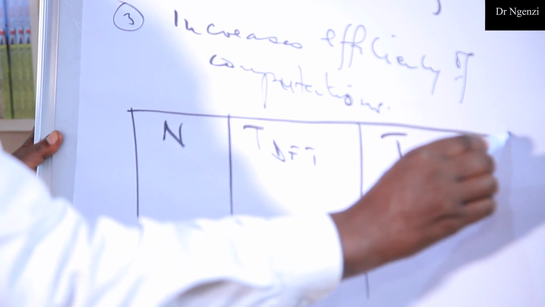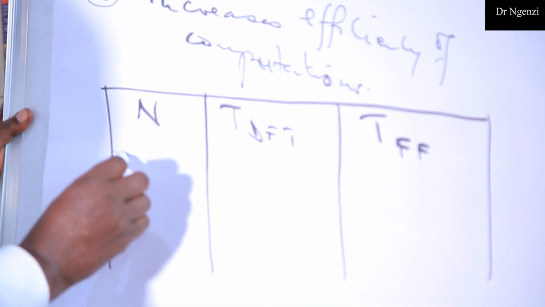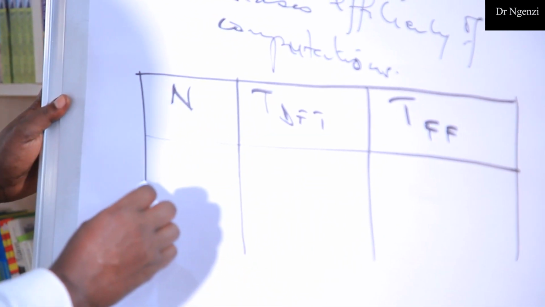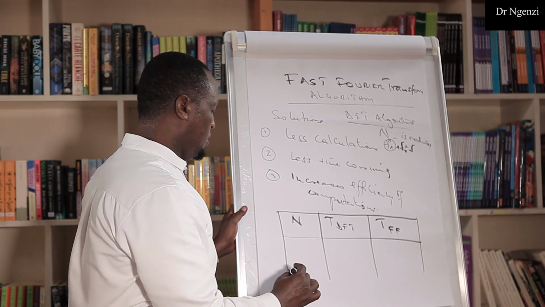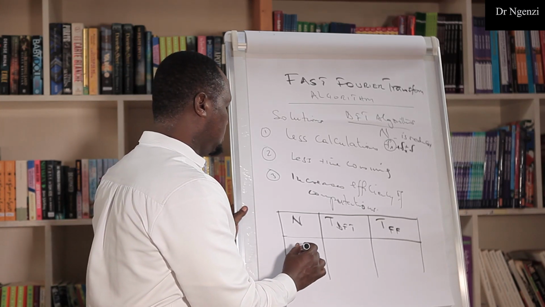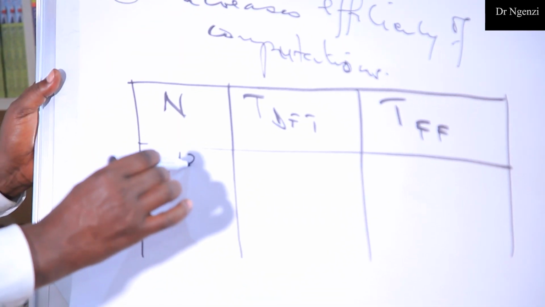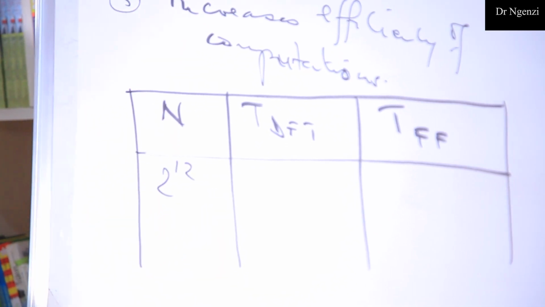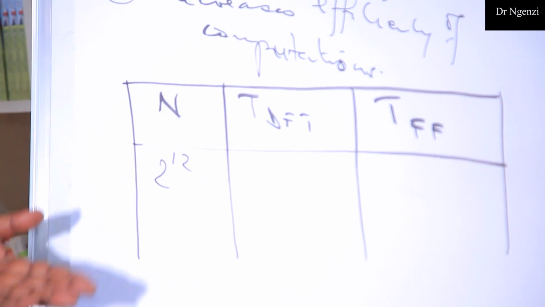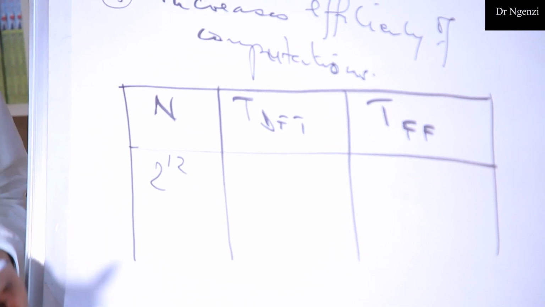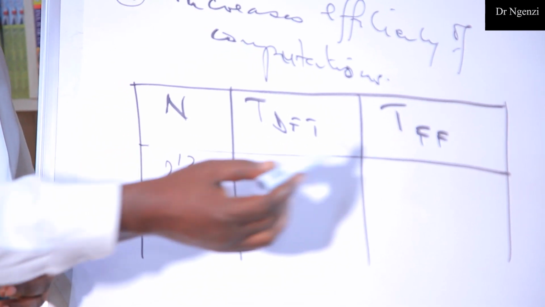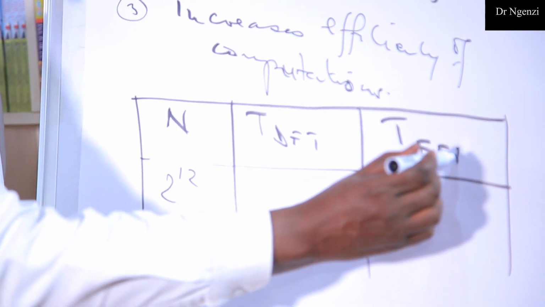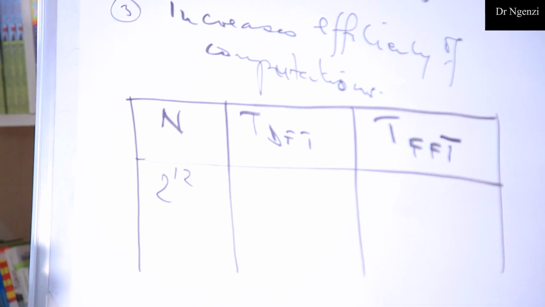We are trying to compare how fast and how efficient this algorithm is. For example, if we have N computations of 2 power 12, those are the number of computations. How much time is it going to take in DFT, and how much time is it going to take in FFT? Oh, sorry, I forgot to put this T.